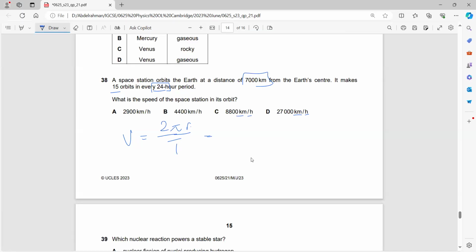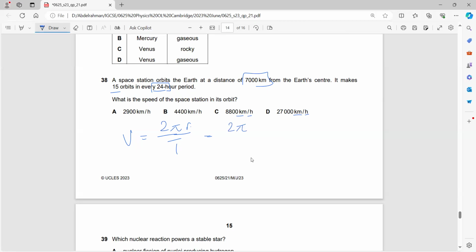It makes 15 orbits every 24 hours. So actually, 2 pi r, you will multiply by 15. Why? Because it makes 15 full rotations in the same amount of time. 15 full rotations in 24 hours.